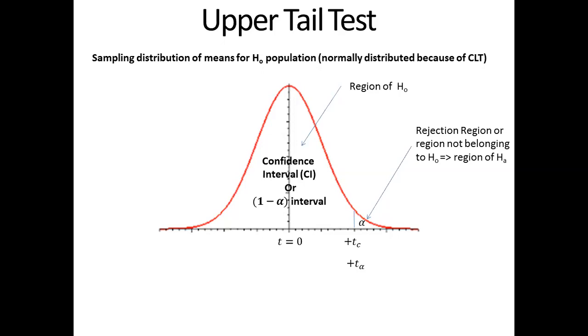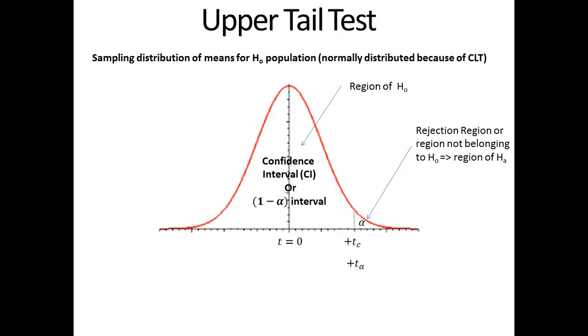But what we know about the population is that, by the central limit theorem, the sampling distribution of mean which is made out of the population is always normally distributed. So that is why in the literature you would see that many times we basically represent the populations with a normal distribution.